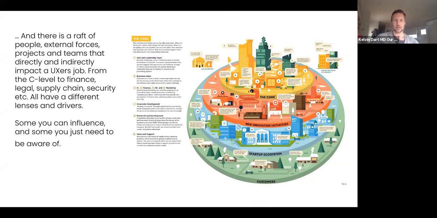There are conversations happening that we're never just going to be privy to. There are going to be conversations happening at the C-suite. There's going to be finance, legal, supply chain, security, all these other people that will be pulling levers to our ultimate outcomes. And some of those you'll be able to influence, but some of them you just need to be aware of.